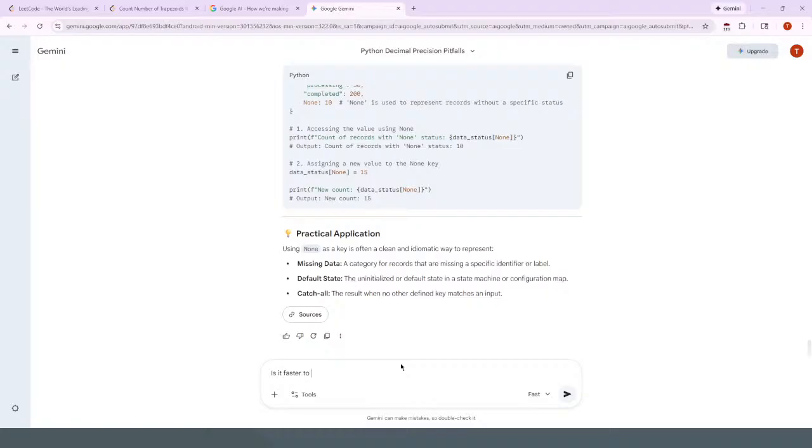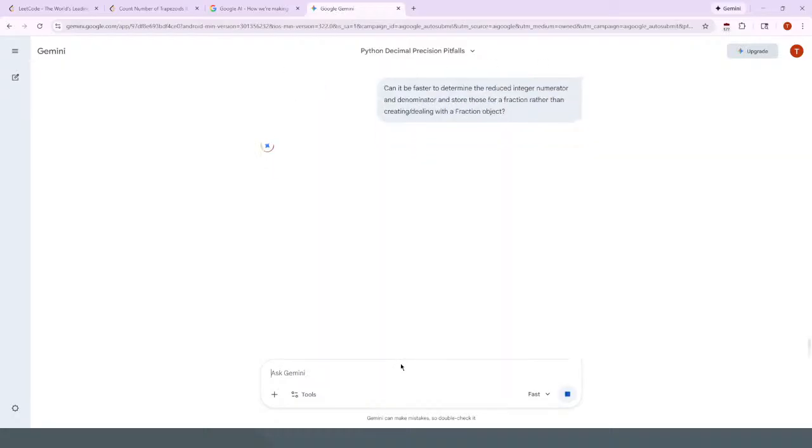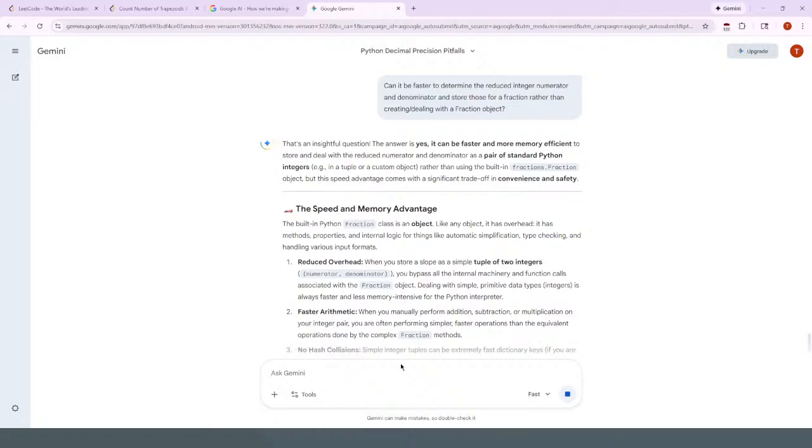Is it faster? Or can it be faster to determine the reduced integer numerator and denominator, and store those for a fraction, rather than dealing with a reduced fraction with a Fraction object? Convenience and safety.